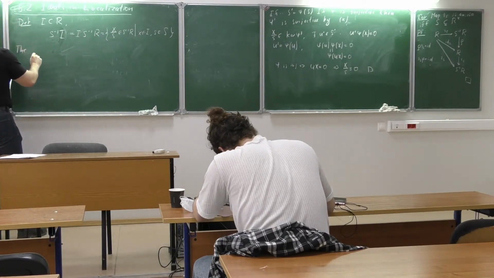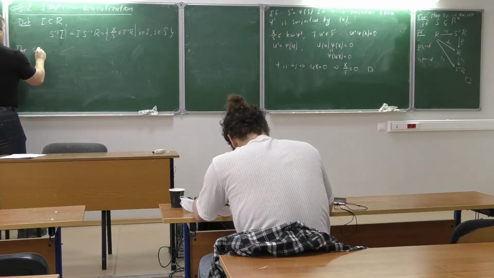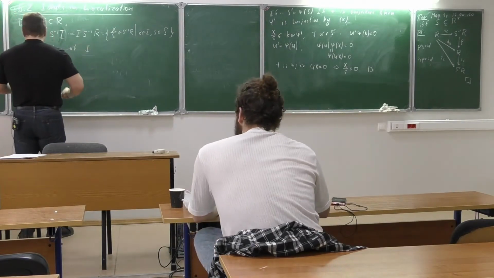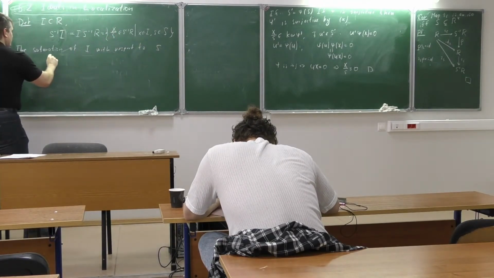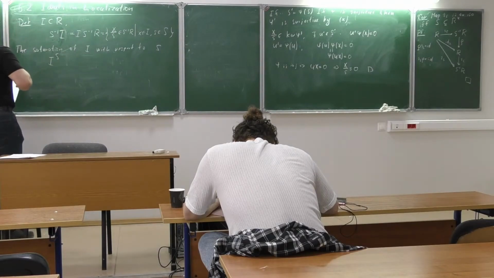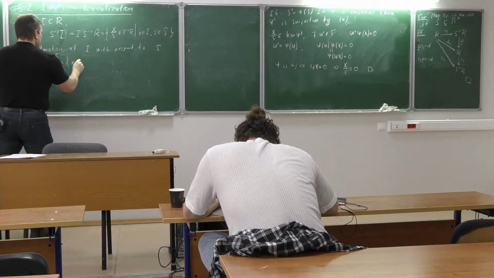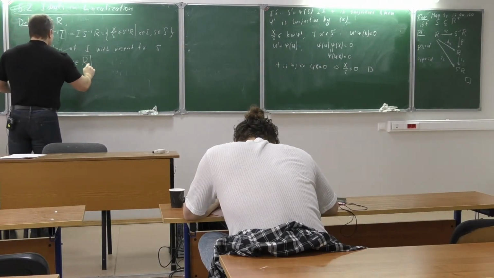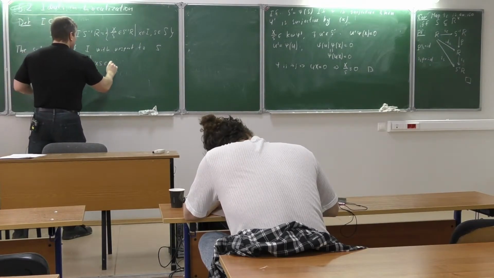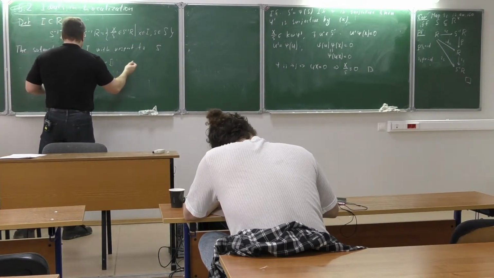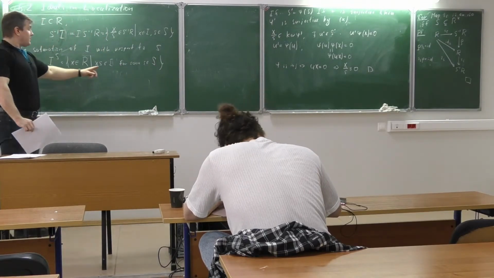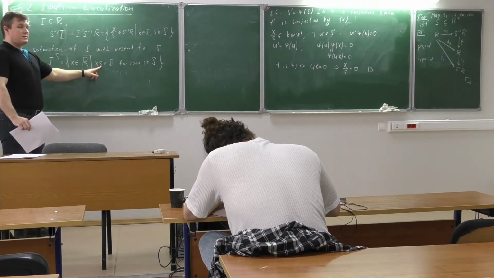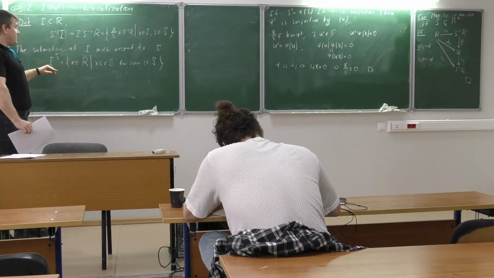The second part of the definition: the saturation of the ideal I with respect to some multiplicative set S is the following thing. The notation is I^S. This is the set of all elements x in the ring R such that xs is an element in the ideal I for some s in the multiplicative set S. Clearly, because we have 1 in the set S, any element in the ideal will be here.